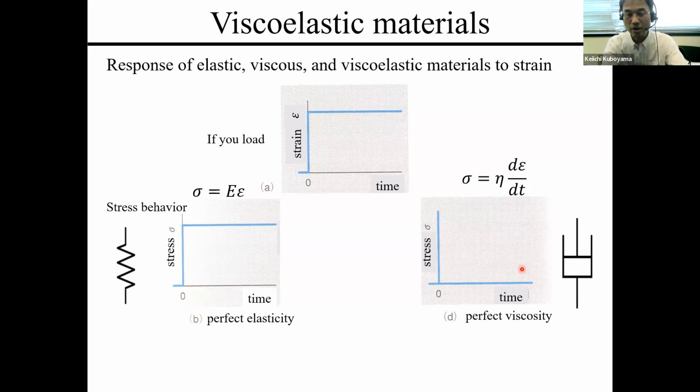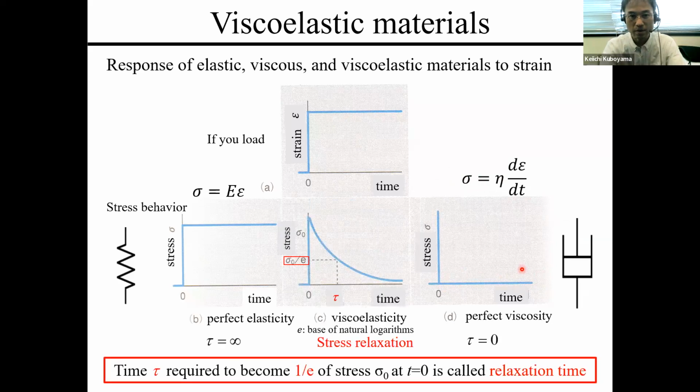And if both properties are included in a material, what kind of behavior can you see? It becomes like this. Stress becomes a high value, but after that, stress continues to decrease and approaches a certain value.